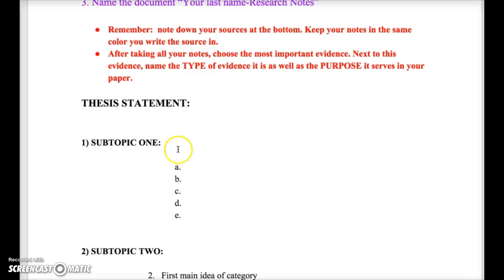So here, if my first subtopic is on the meaning of second chances, then I'm going to be collecting different evidence, all related to what second chances mean in American education, and listing it here. This will help me when I start to write and start to incorporate my I say along with this evidence.